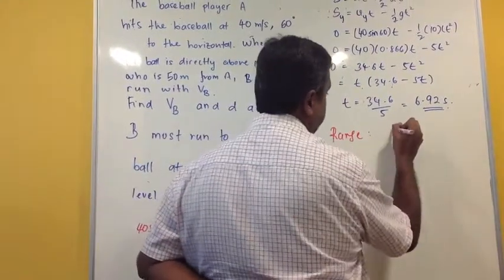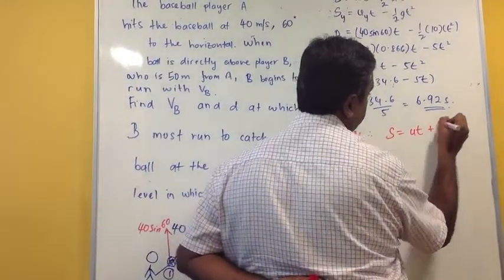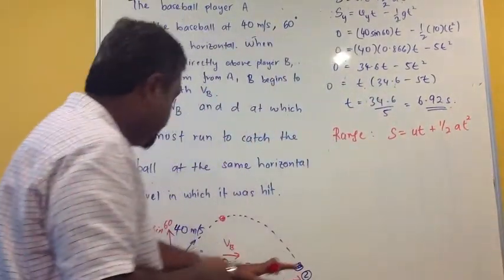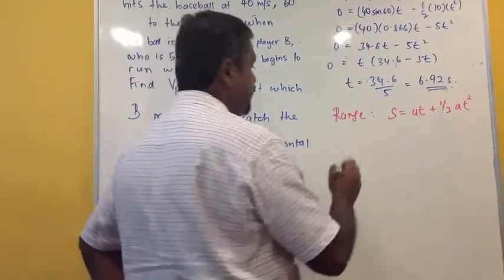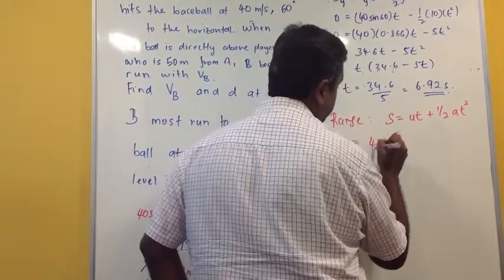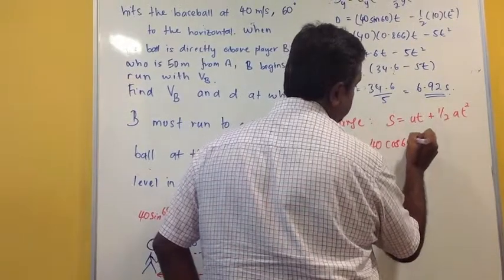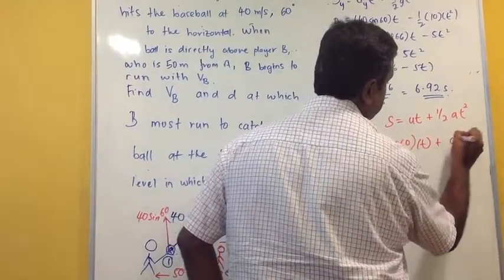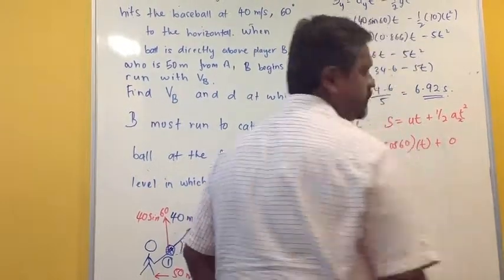would be, again, S equals ut plus half at squared. Since we're discussing range now, we would analyze it in the x direction. So Sx equals 40 cos 60 t plus 0, since ax is 0.